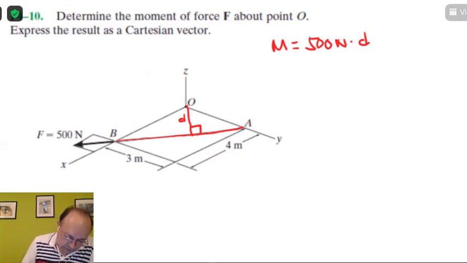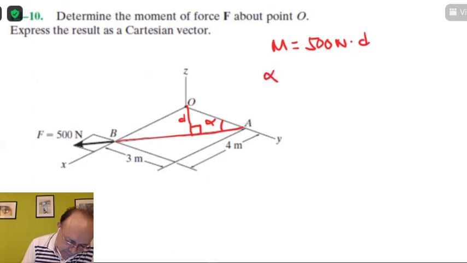Well, it looks easy because if we get this angle, then D will be 3 meters sine of that angle. Let's put here a label alpha.